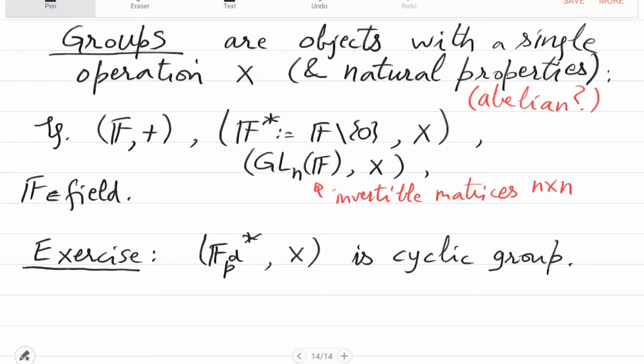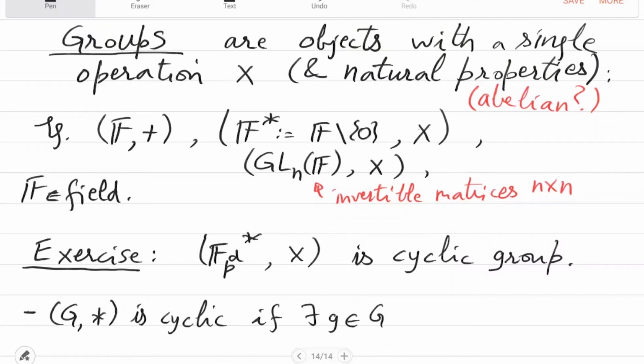That's a very special property. So in general, we call a group cyclic if there is an element g in G such that g, g inverse generates everything.